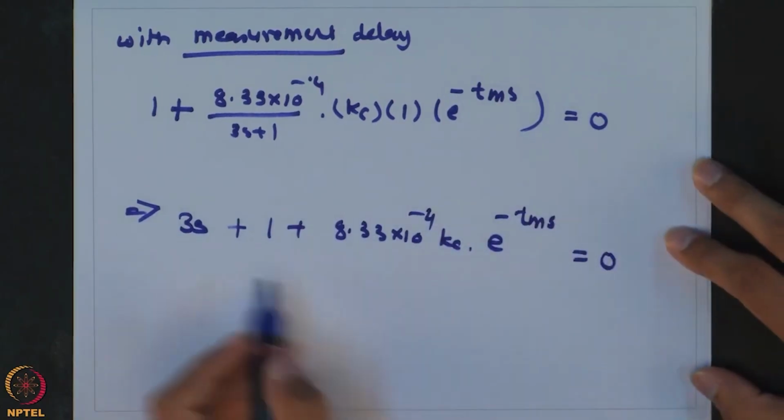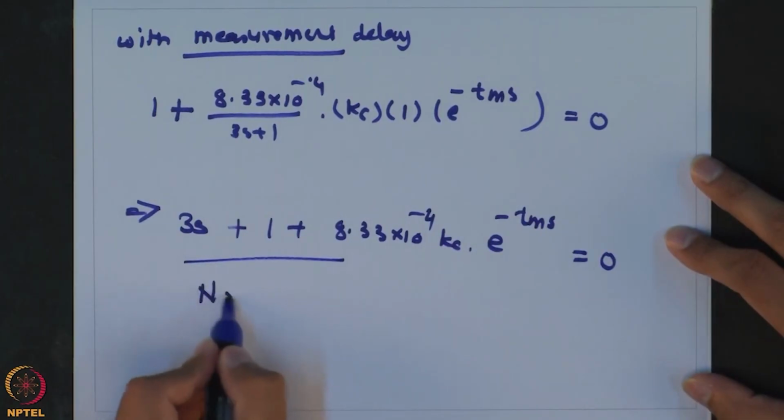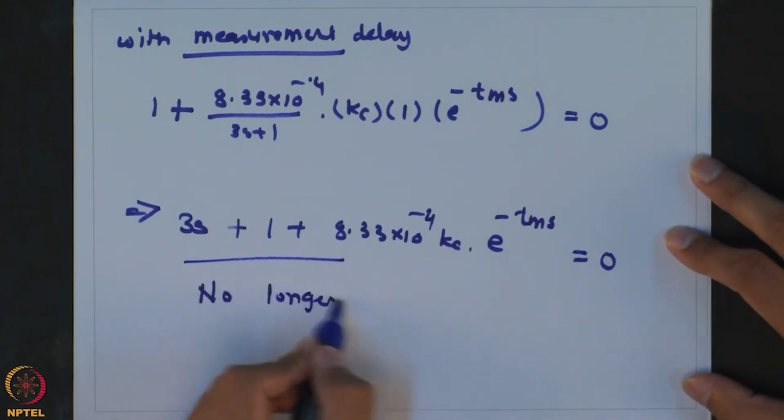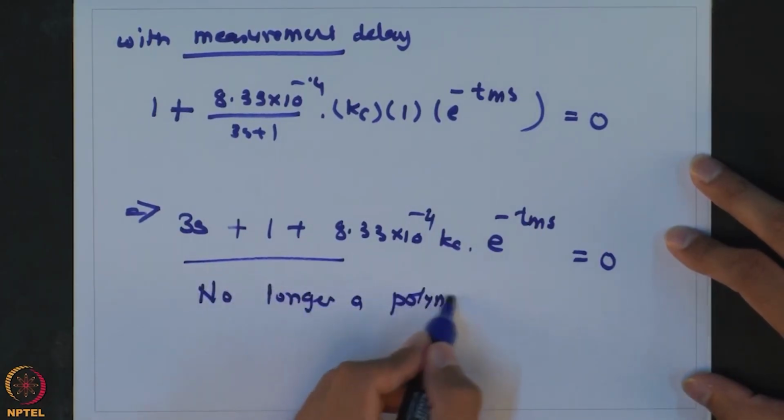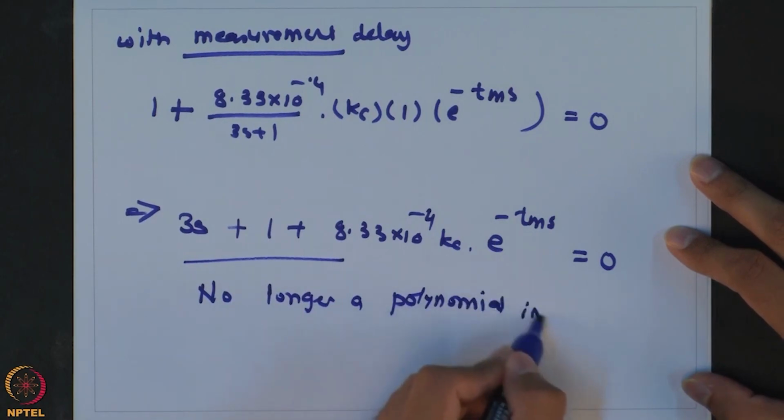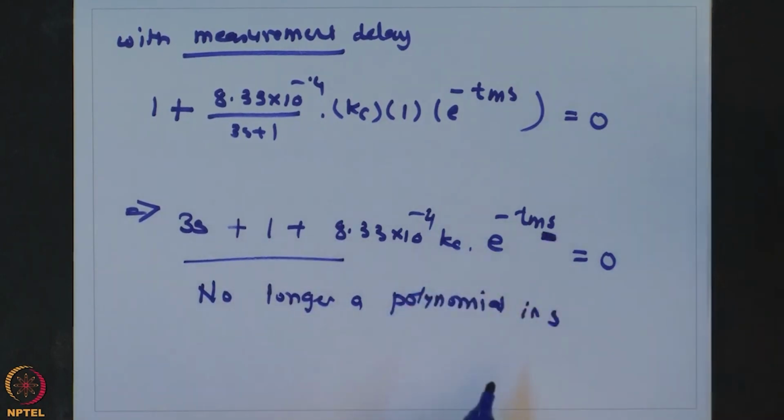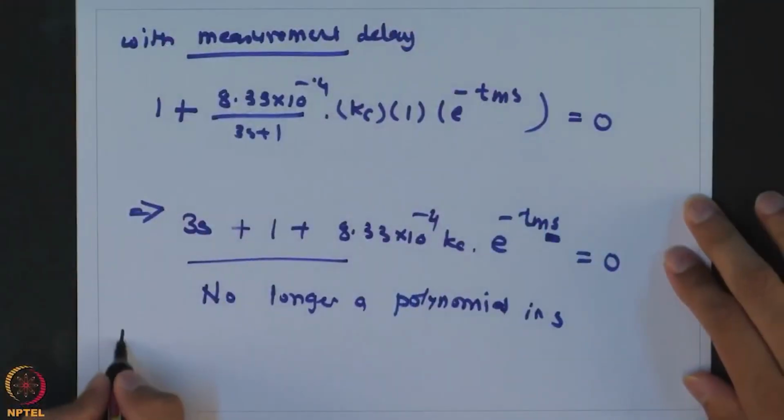So now you can realize that this is no longer a polynomial. Because of this exponential term, we cannot directly use the method of Routh-Hurwitz to assess the stability, or even the direct substitution method will not be directly applicable. That is a major limitation of Laplace domain analysis.